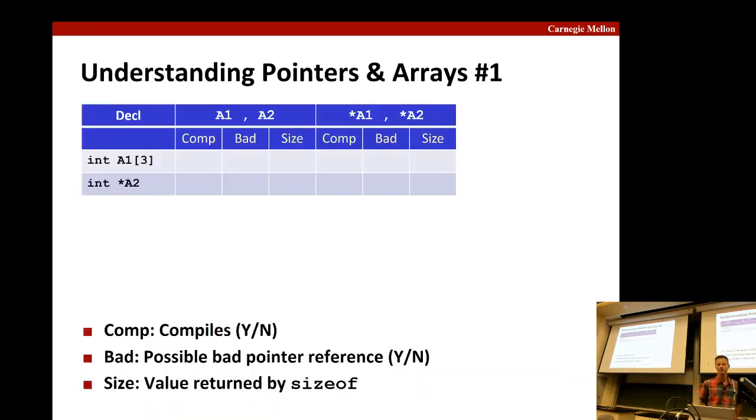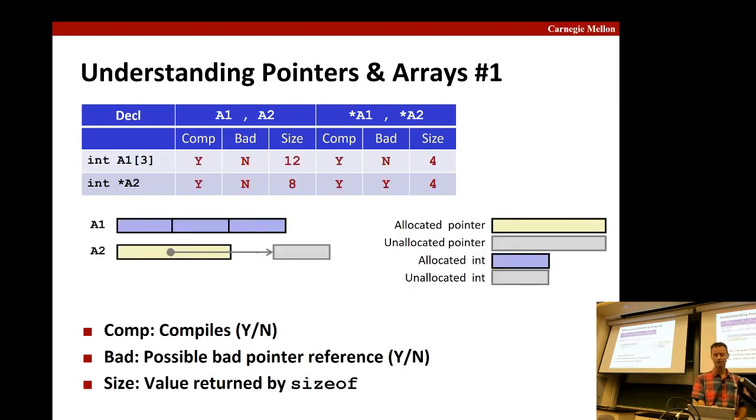Okay. Because people get so tripped up about arrays and pointers and how they work, we're going to use this class to drill a little more on your understanding of these two things. Here we have 2 example declarations, this one and this one.